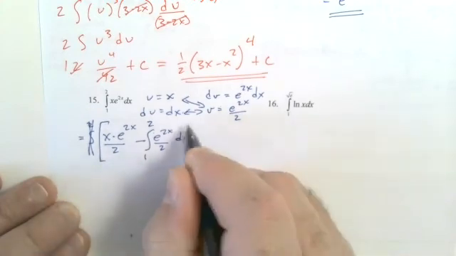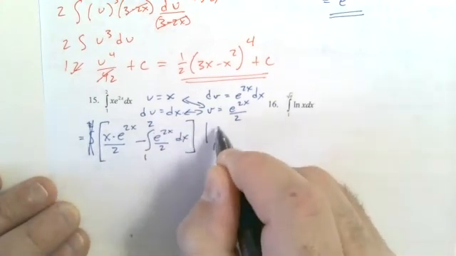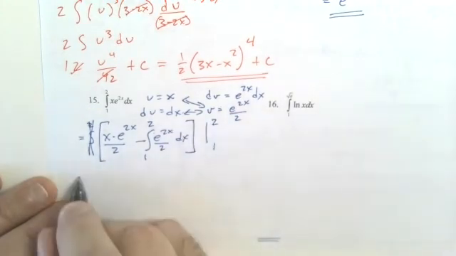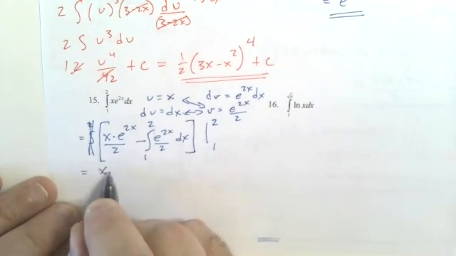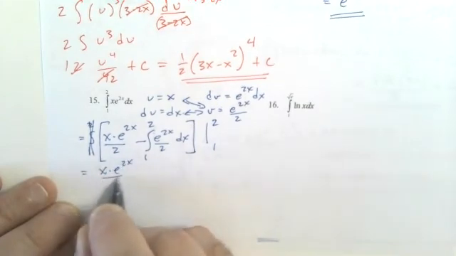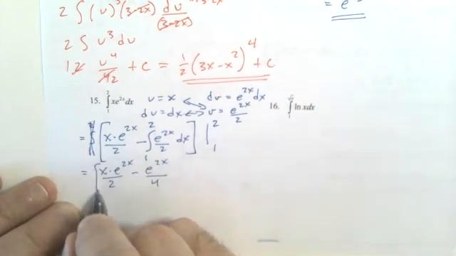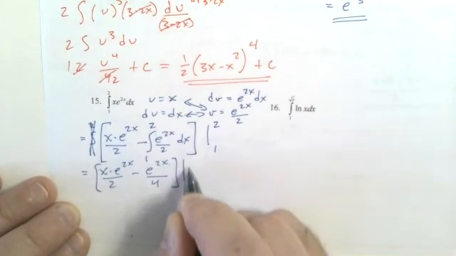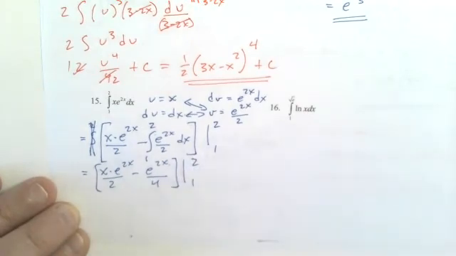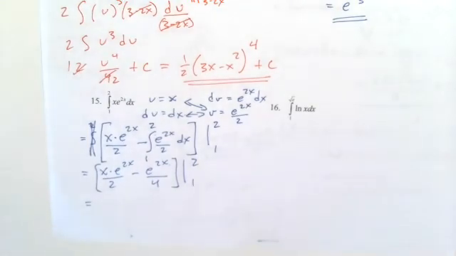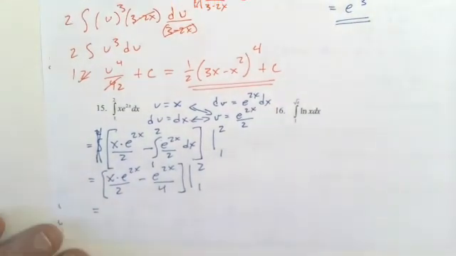And I would actually do this, but getting ahead of myself. X e to the 2x over 2 minus e to the 2x over 4, 1 to 2. You will see problems like this. They're a colossal pain, and they just take some time to blast through them.